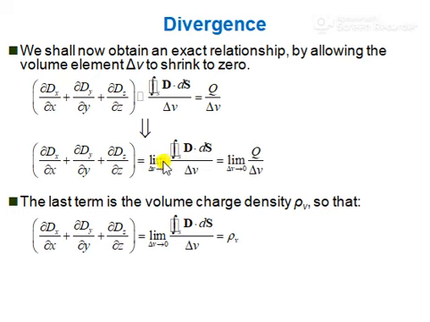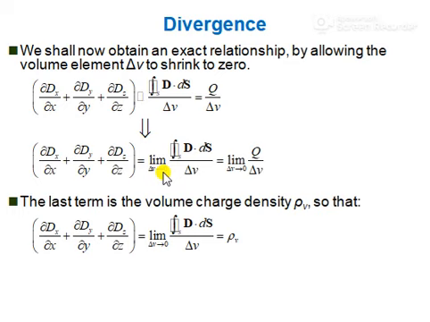Now the left side will be this, equal to Q by delta v. So the limit delta v tends to 0 means we have to consider delta v tending to 0.